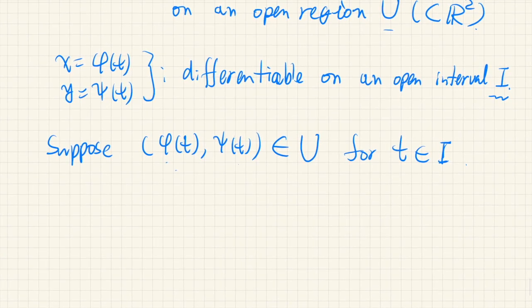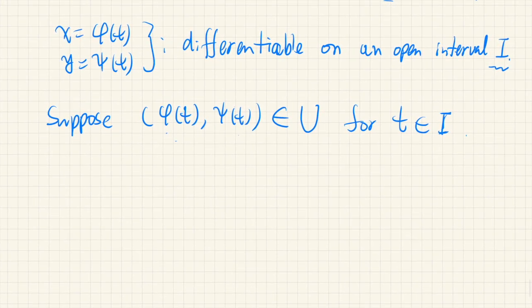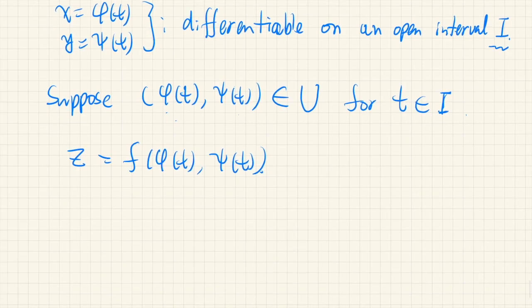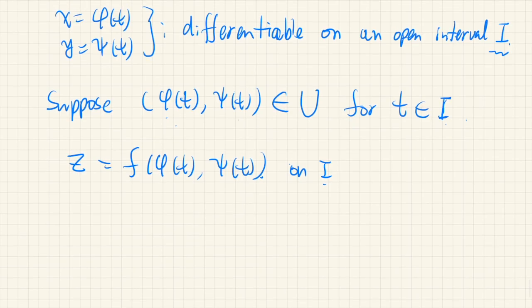If this is the case, then let's define the function z equals f of phi of t and psi of t. So this is a function defined on the same interval I as phi and psi.